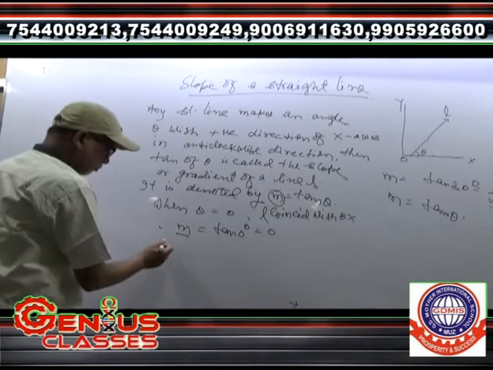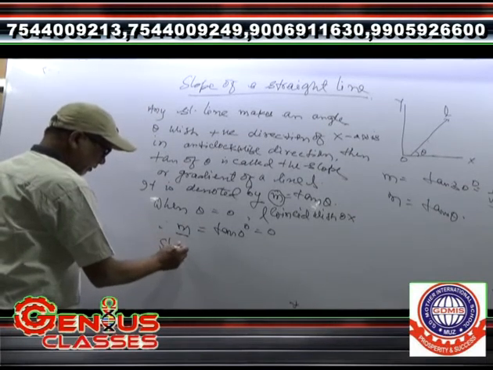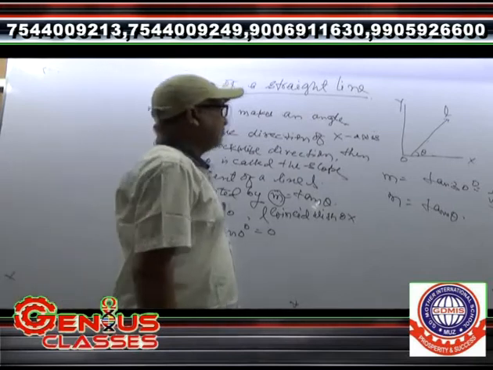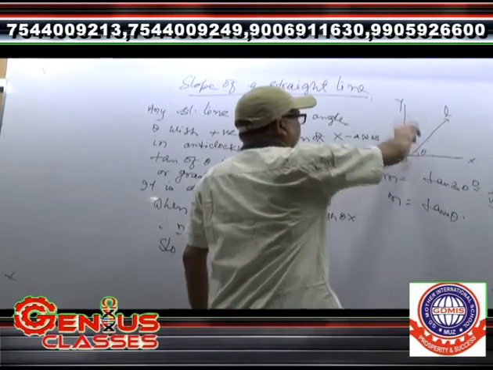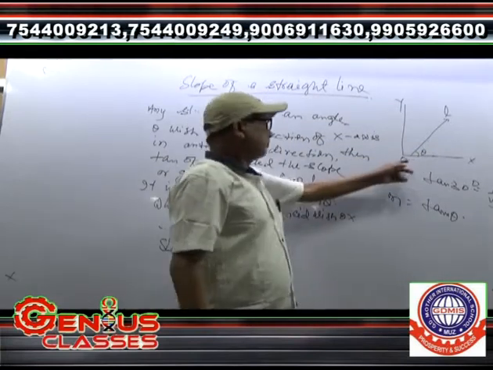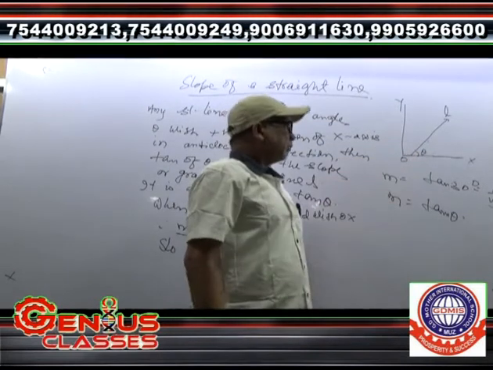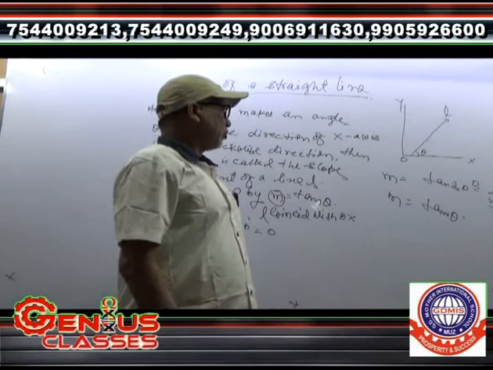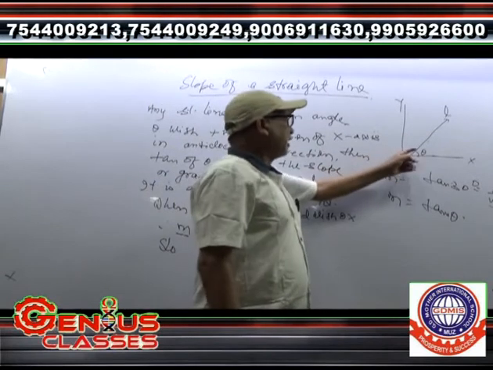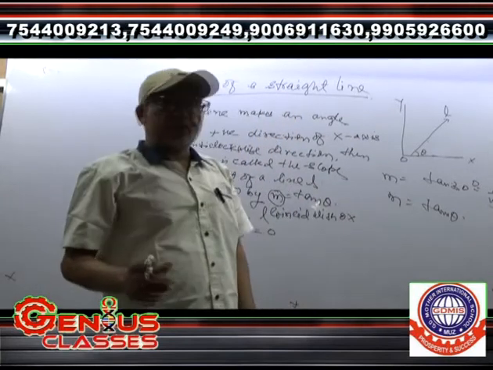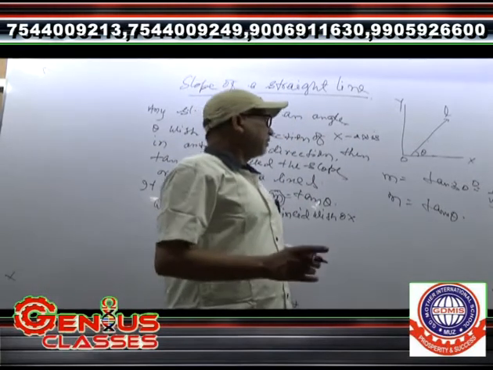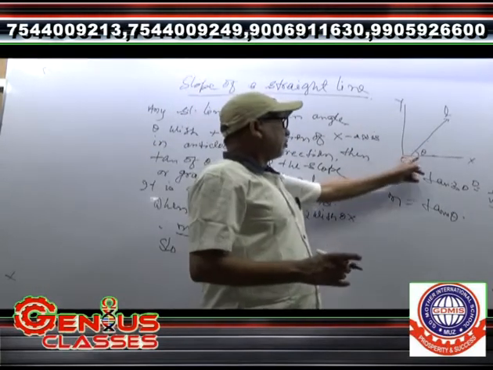और स्लोप ऑफ y एक्सिस, जब लाइन L y एक्सिस में कोइंसाइड करेगा, तो by the definition of the slope, any straight line makes an angle with the positive direction of x-axis.